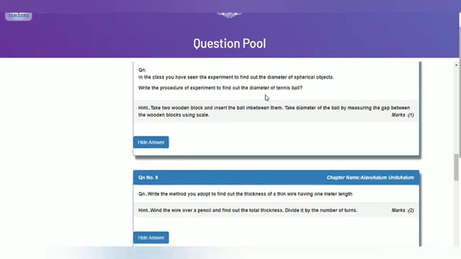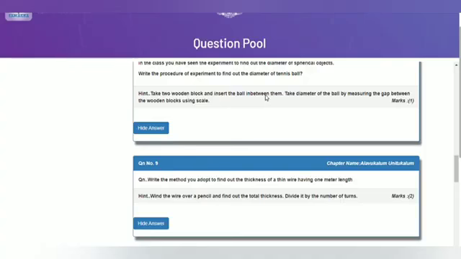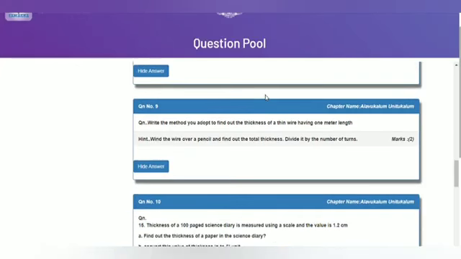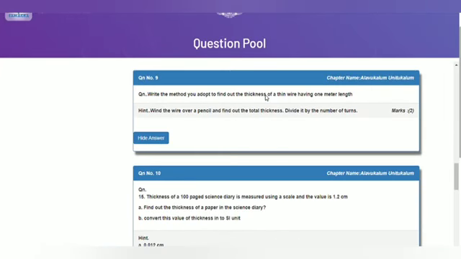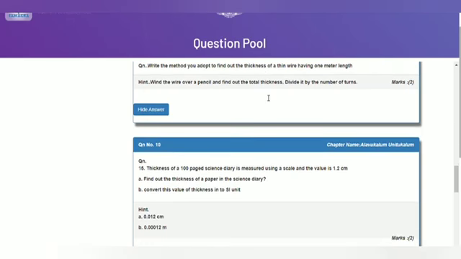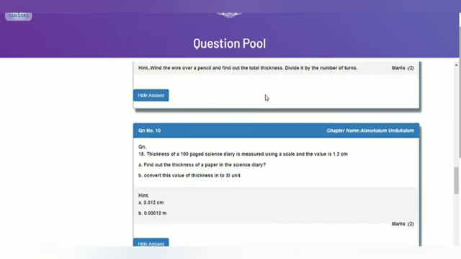Take two wooden blocks and insert the ball between them. Find the diameter of the ball by measuring the gap between the wooden blocks using a scale. 9th question. Write the method you adopt to find the thickness of a thin wire of 1 meter length. Wind the wire over a pencil and divide the total thickness by the number of turns.